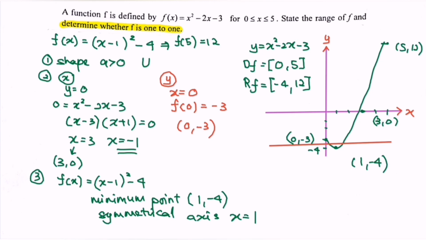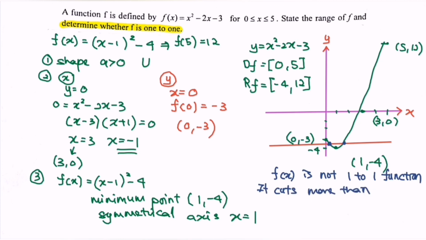Focus on the graph and we notice that f(x) is not a 1 to 1 function. Reason: the line cuts more than 1 point. So that is the answer for these questions. Thanks for watching.